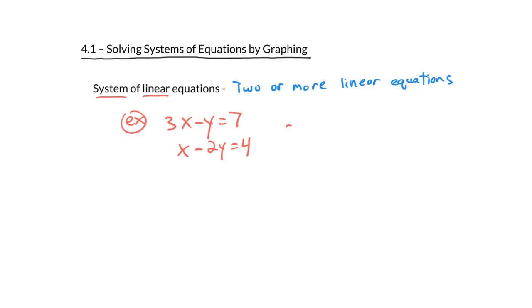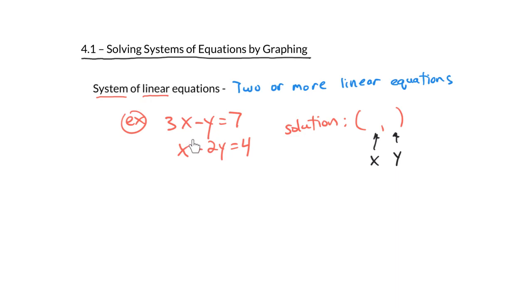I have this solution, and there'll be an x and a y. So we basically have to plug in an x here and a y here. This is one way of stating the solution as a point, because you'll see in this section, if we graph this line, then we graph this line, if there is a solution, it's where these lines cross each other.